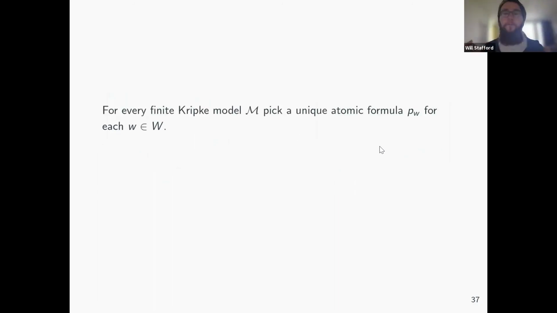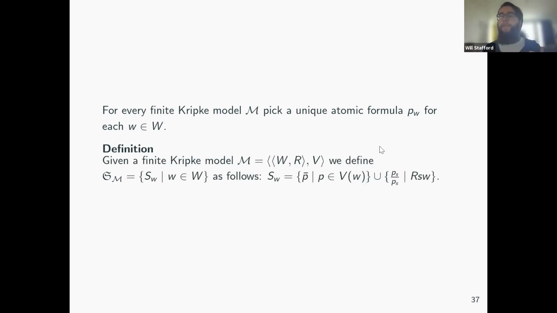So for every finite Kripke model, pick a unique atomic formula for each world. So we're just going to label certain atomic formulas by worlds. And then this lets us give the following definition of a proof-theoretic system for each finite Kripke model.